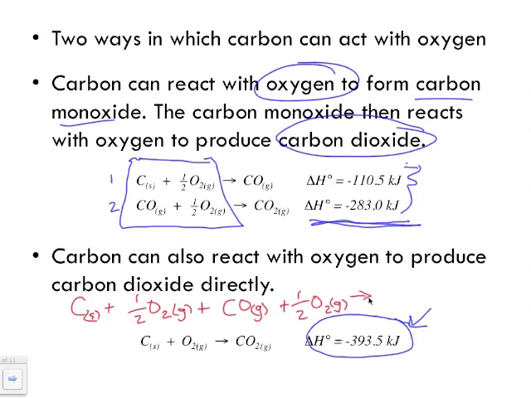It's going to react to form carbon monoxide gas plus carbon dioxide gas.